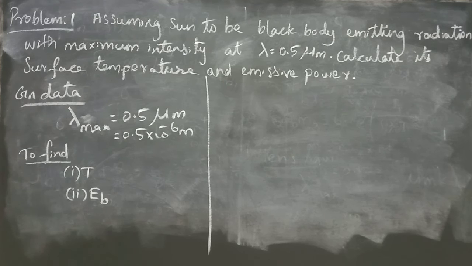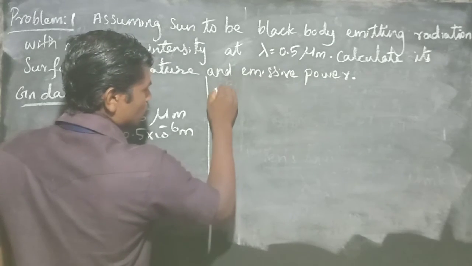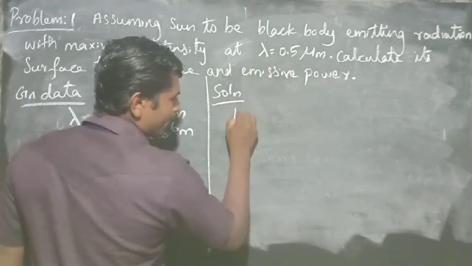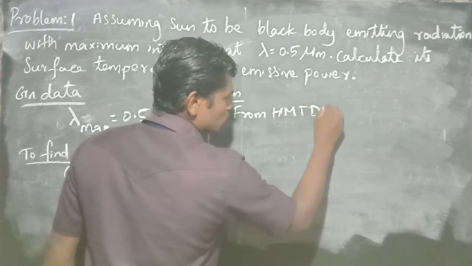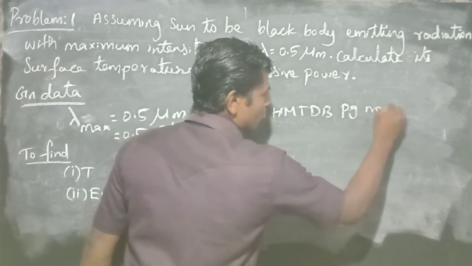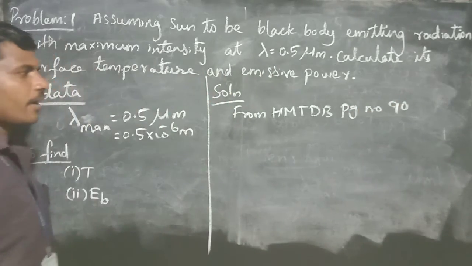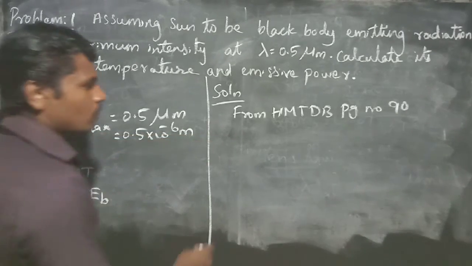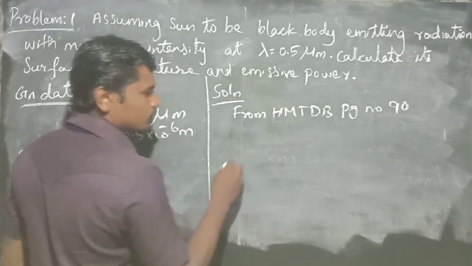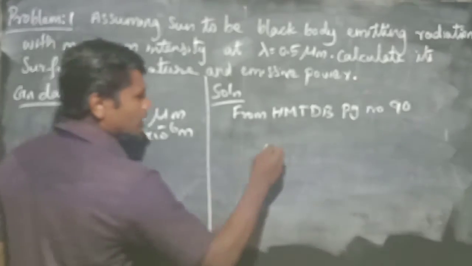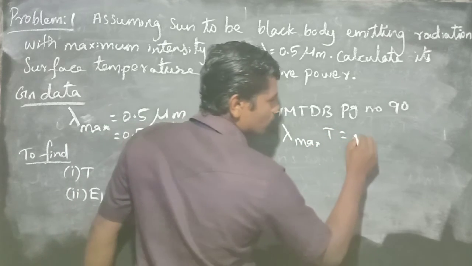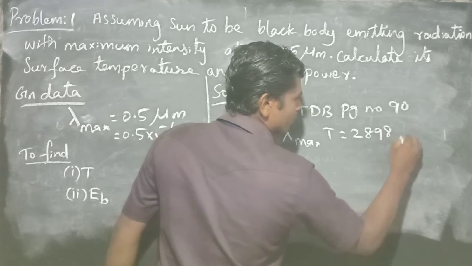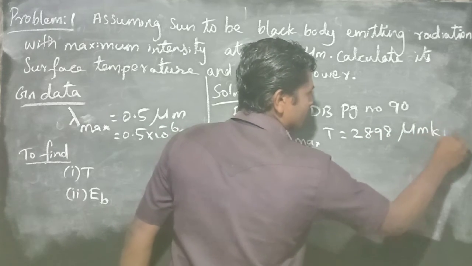We know the formula, with the help of Wien's formula. Solution from the HMT data book, page number 90. The formula for Wien's law is lambda max T is equal to 2898 micrometer Kelvin.